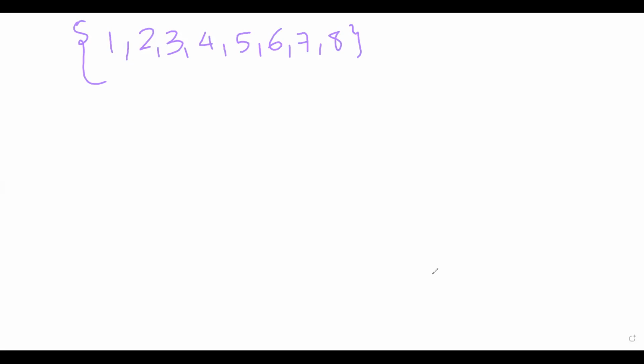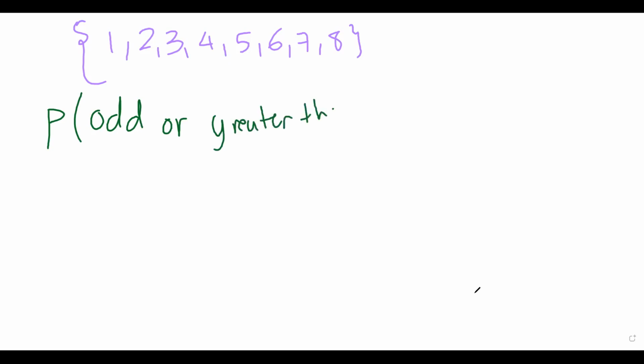Now, what is the probability of getting odd or greater than 5? Probability of prime or odd.